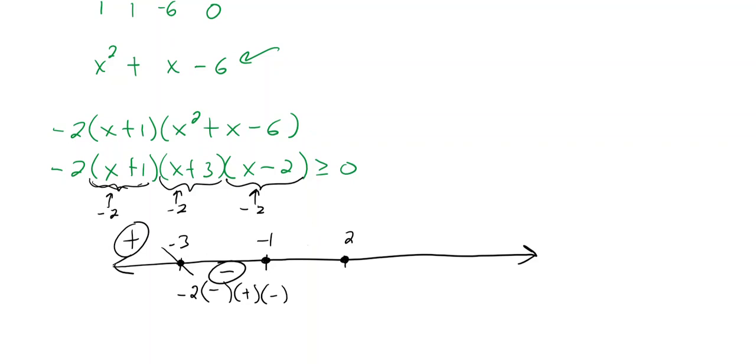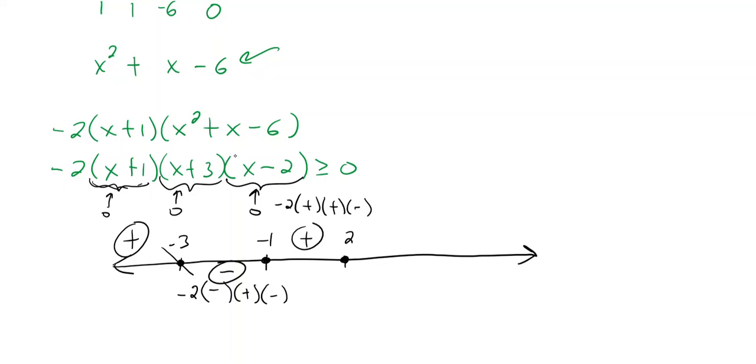But let's just look at it again. The test value, in this case, we could throw in 0. That's an easy one. So if I threw 0 in for all my x's, then that would be -2, and then the next one here would be positive, and then if I threw it in there, it'd be positive and negative. Okay, 2 negatives, 2 positives. This thing is positive. I knew it. All right.